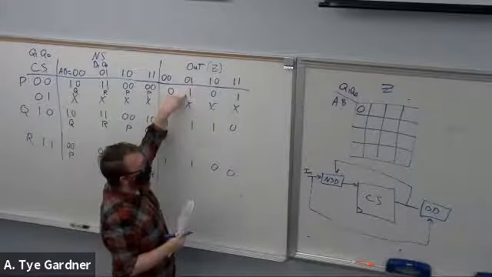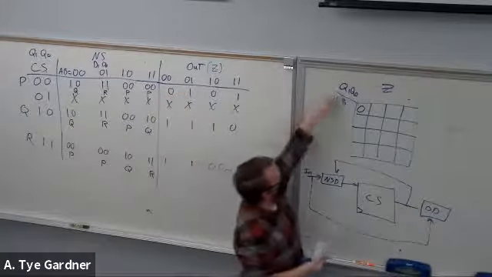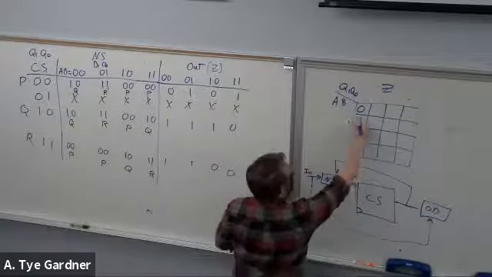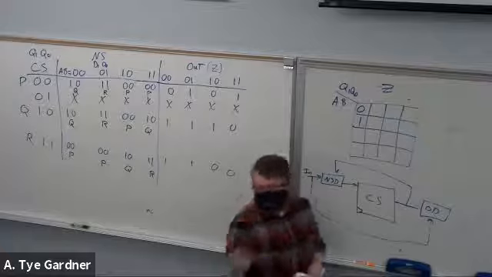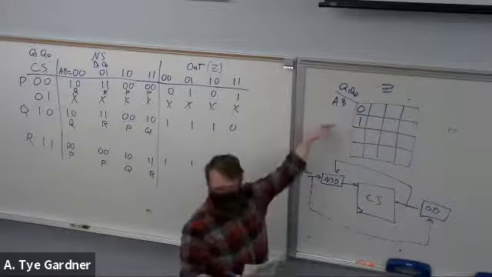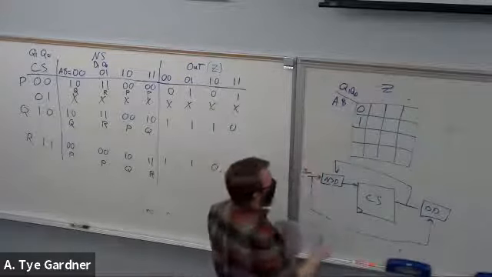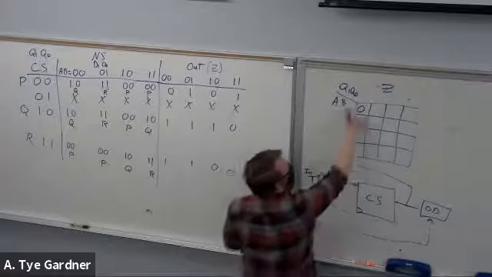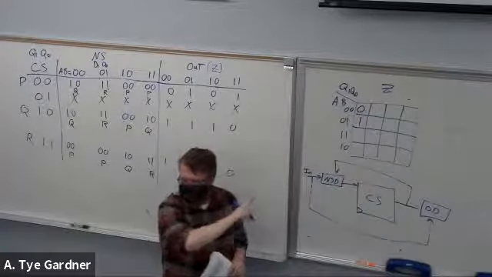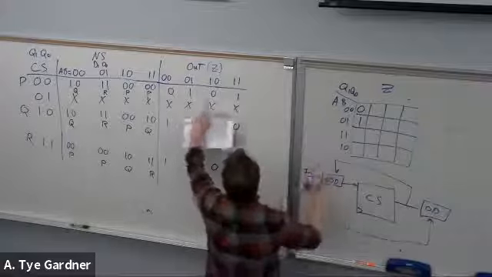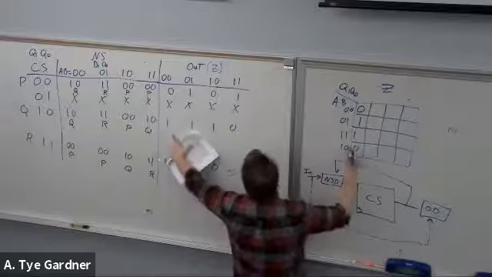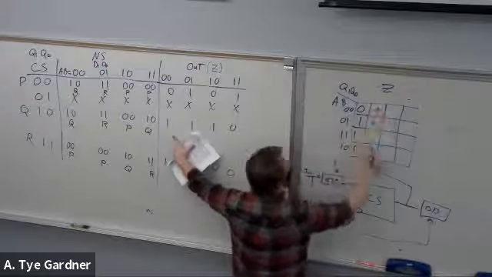That's this spot. Where is that? Q1, Q0 is 0, 0, and the inputs are 0, 1. After doing that one, I only need to do that one spot to see the direction. So now I can just start assigning via columns, remembering to do it in gray code so I don't mess that up. So it's 0, 1, 1, 0. Or you could do it this way, which is 1, 1, 1, 0.